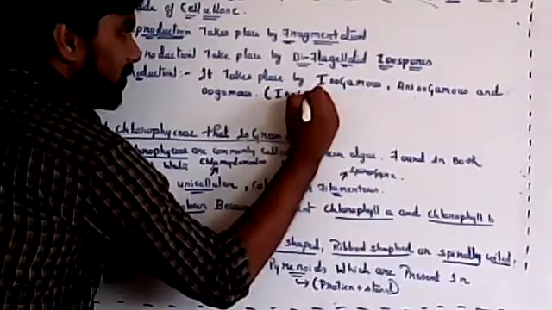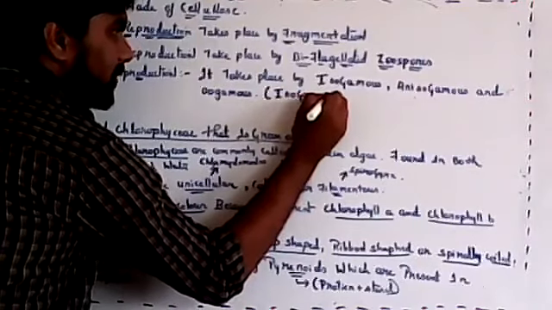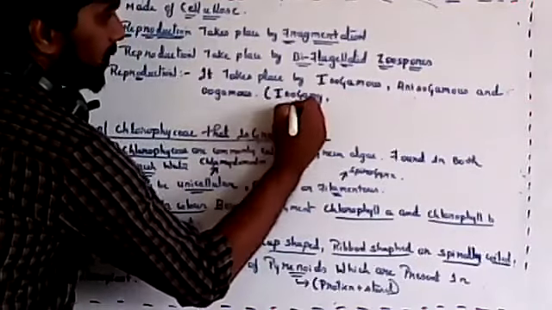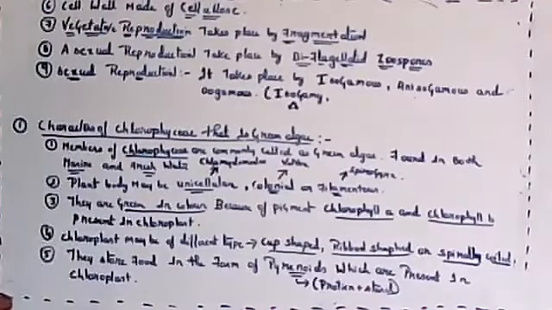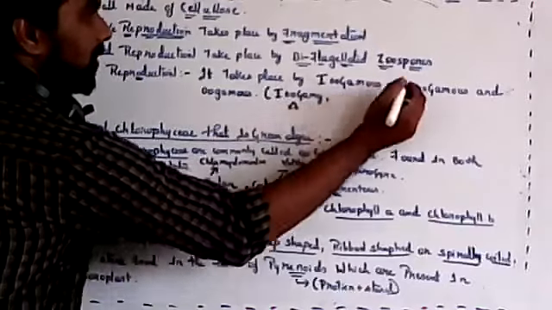Last time I taught you isogamy. What is isogamy? When the male and female gametes are of the same size and shape, it is called isogamy.